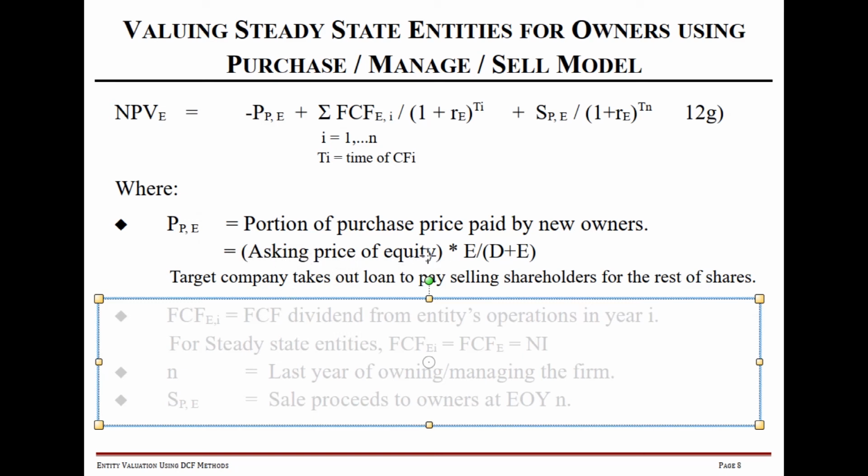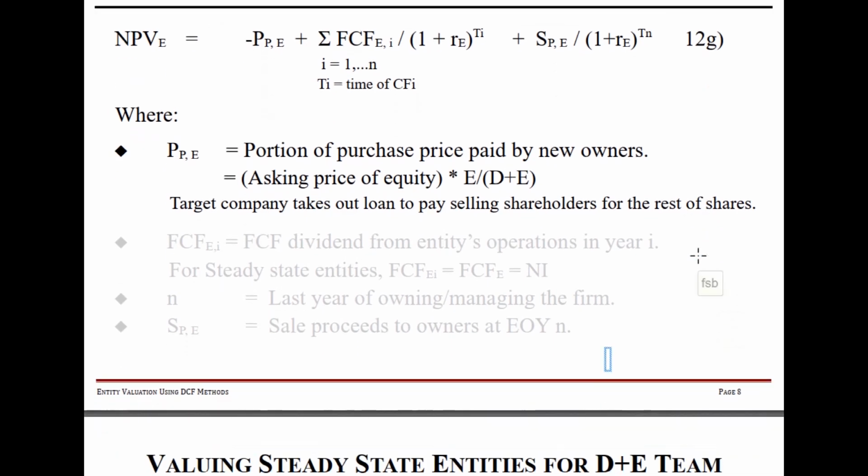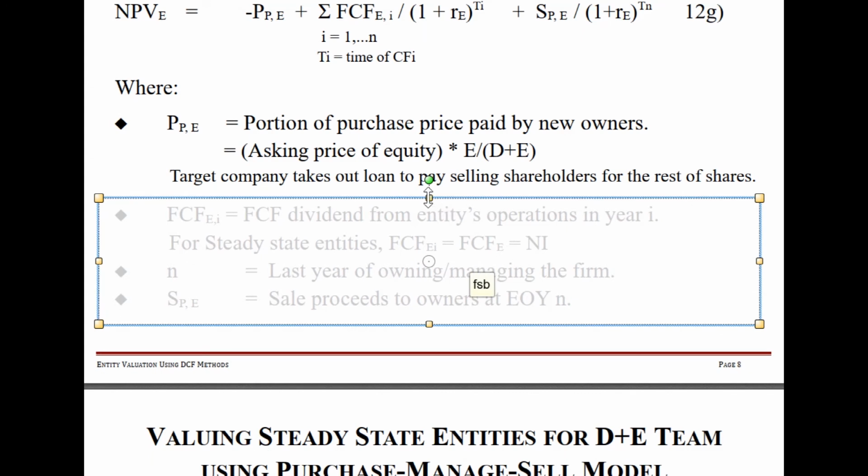So that'll be the total asking price times E over D plus E. And how is the rest of the money going to be obtained to pay off all the prior shareholders? As usual, the target company is going to take out a loan at the time of the transaction, and the proceeds of that loan are going to go to the previous shareholders to make up the rest of the purchase price.